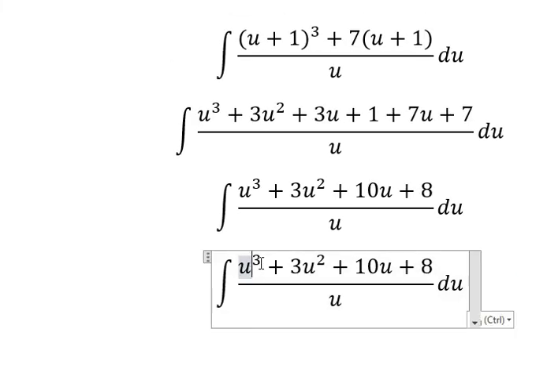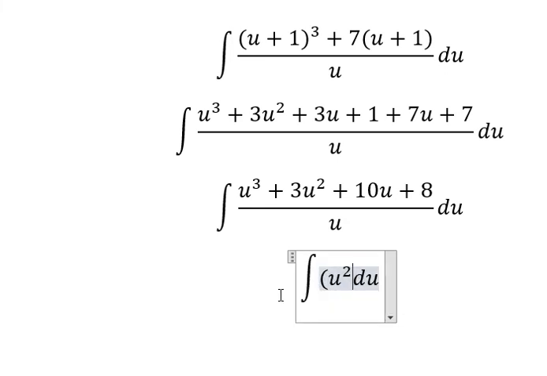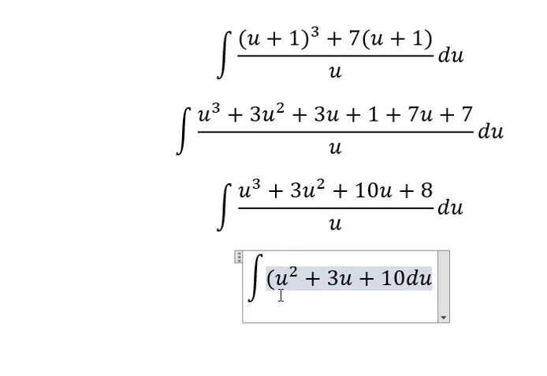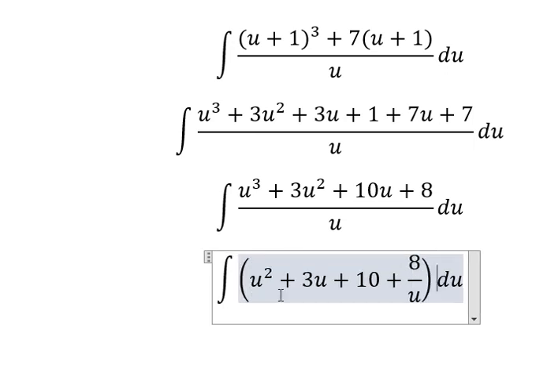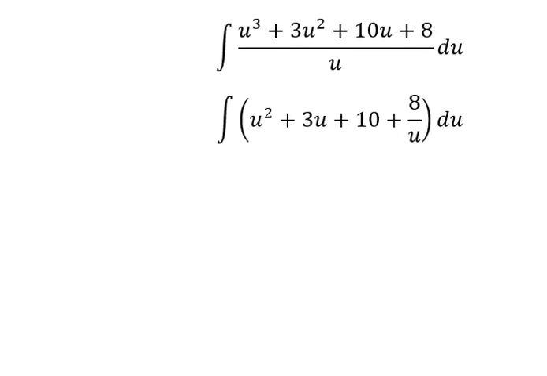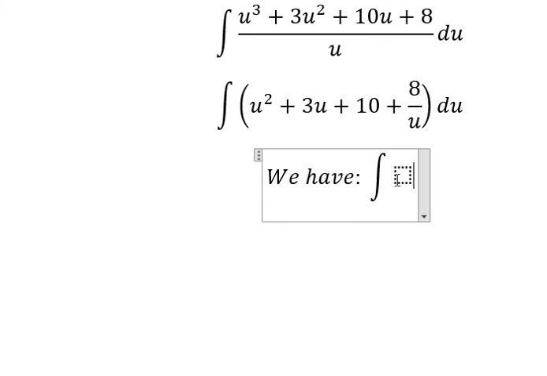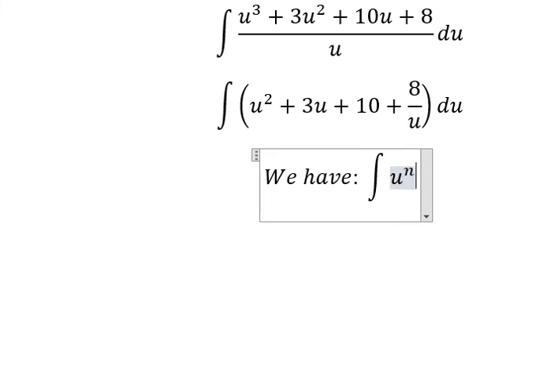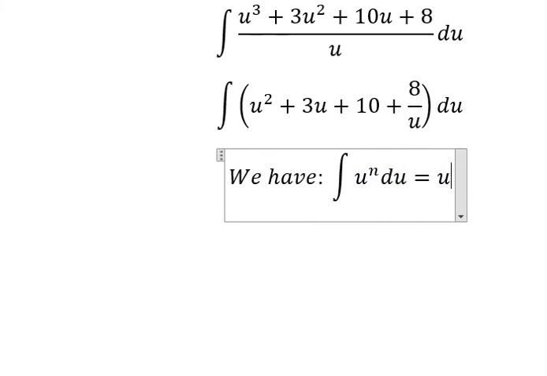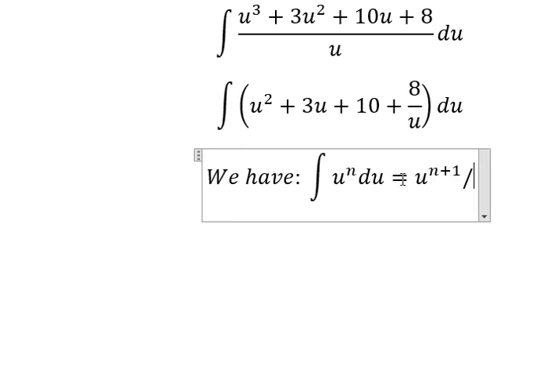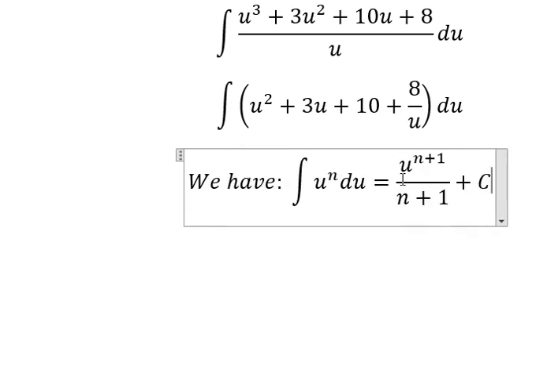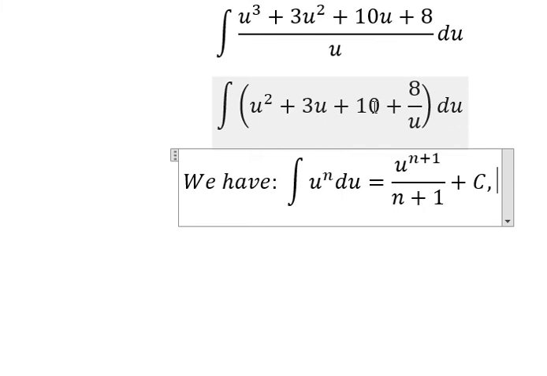Now we have u to the power of 3 divided by u squared divided by u, and so on in here. And now we have the formula in here. The integration of u to the power of n du is u to the power of n plus 1 over n plus 1, and we put c, the constant of integration.